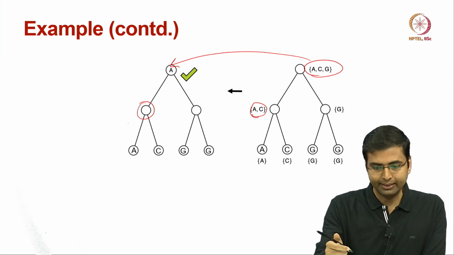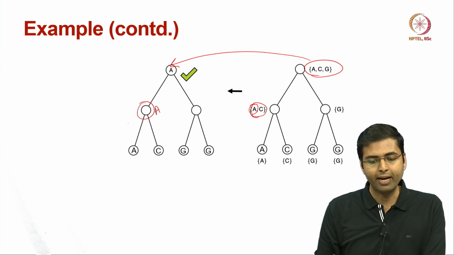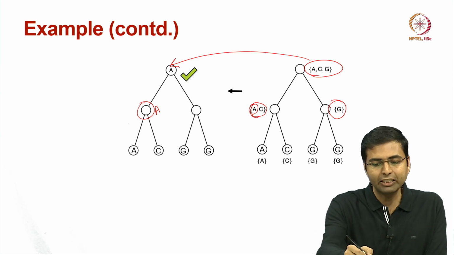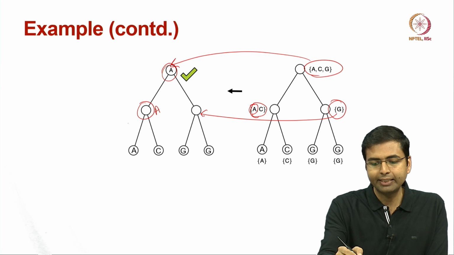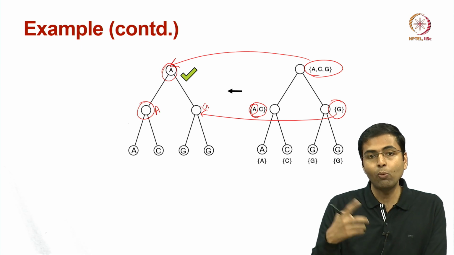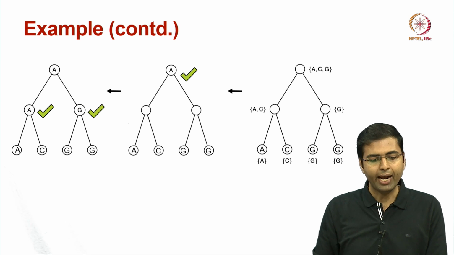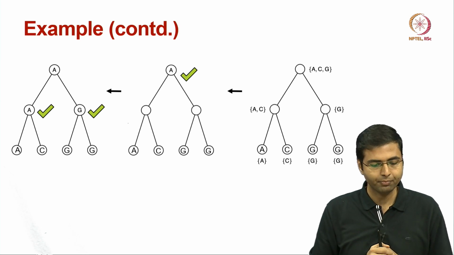It looks like yes, A has already been assigned to the root node, so I will pick A here. At this set, there is no match with the root node, and I will pick an arbitrary state from this set, which is G, because there is only one element in this set. This way I would assign the final states to the internal nodes as well.